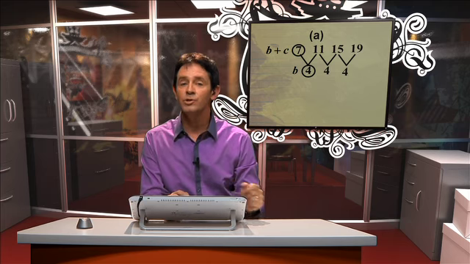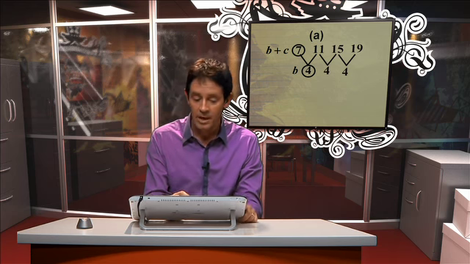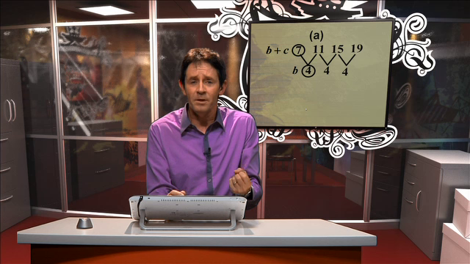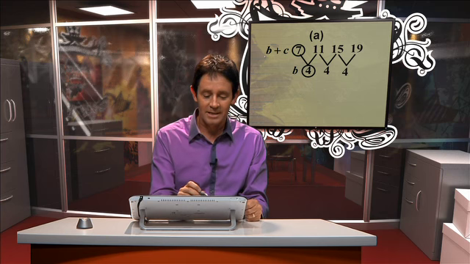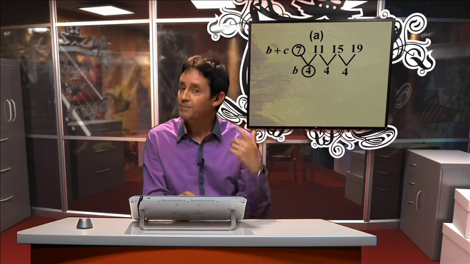But the other one, which is really for you guys in grade 10, is you're going to call the first number b, and the second one you're going to call b plus c. It's always b and b plus c.